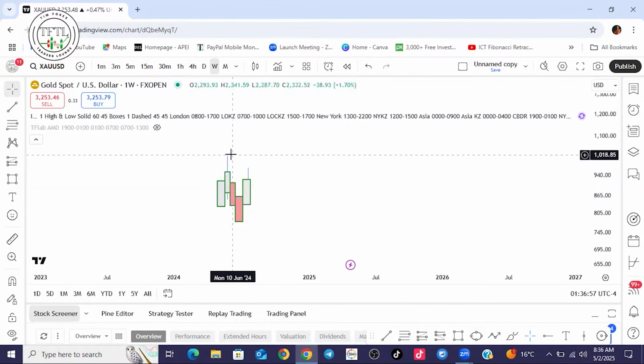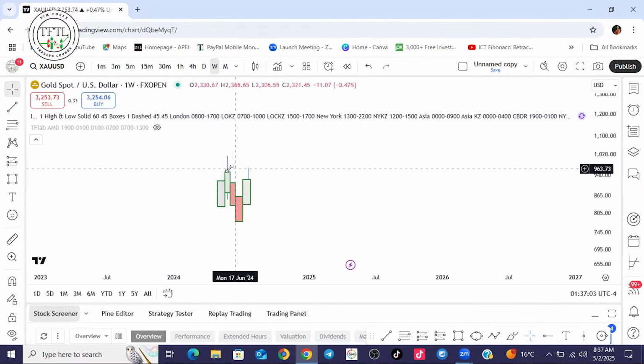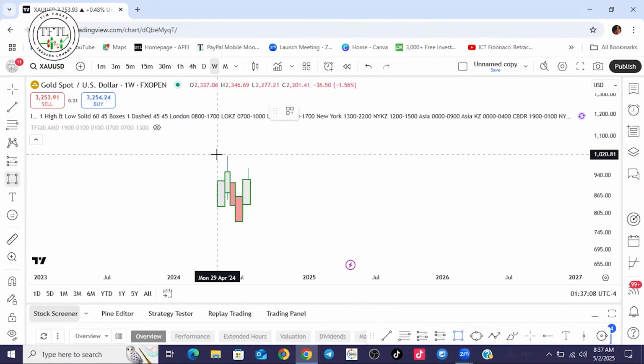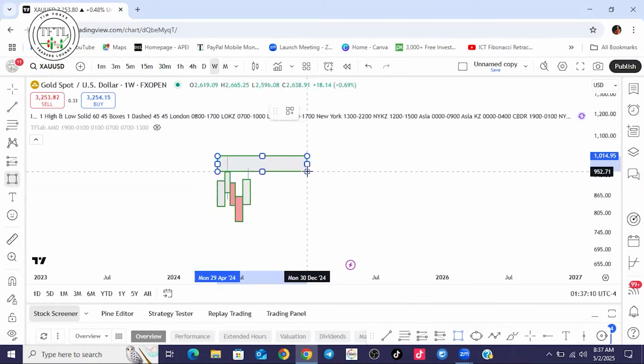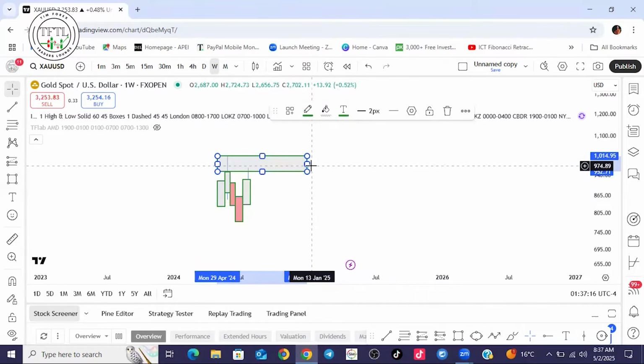Sometimes it does. We see it going slightly above the body of that candlestick, and this is what we are calling the bearish rejection block. So price pushes above the high of the previous candle body.